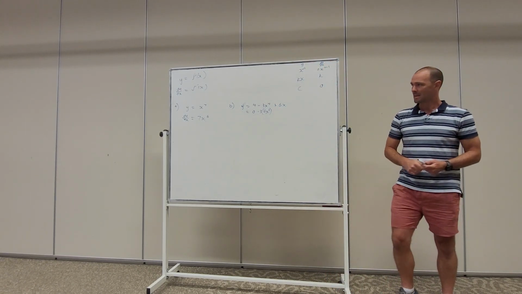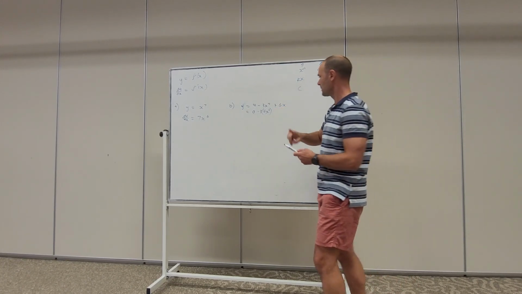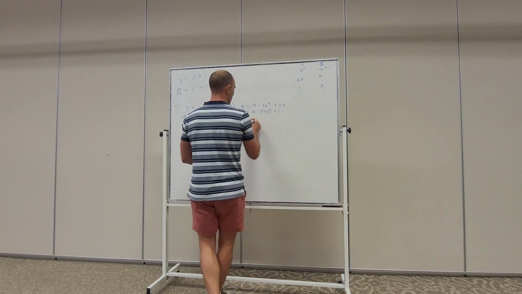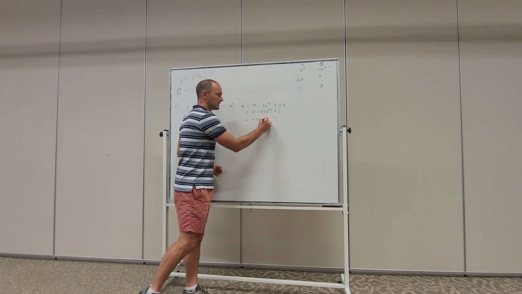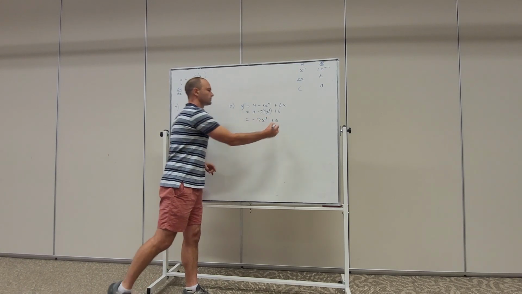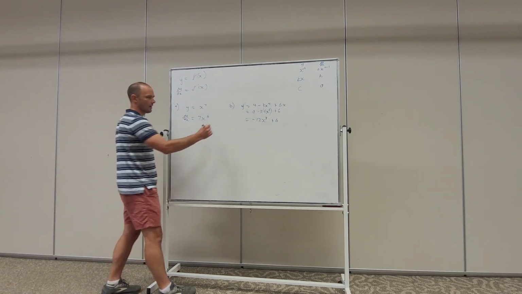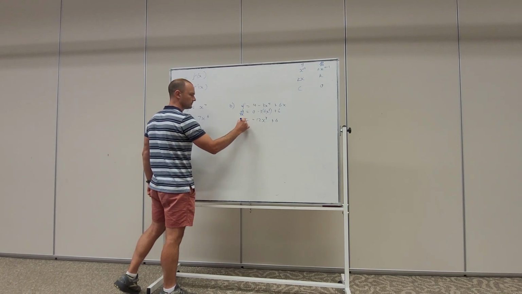All right, and then for kx, the derivative of kx is k, so the derivative of positive 6x will be plus 6. So all of that's the long way, the elongated way of saying minus 3 times 4 will give us x to the 3. That is our derivative function. Okay, now make sure we use the correct notation.